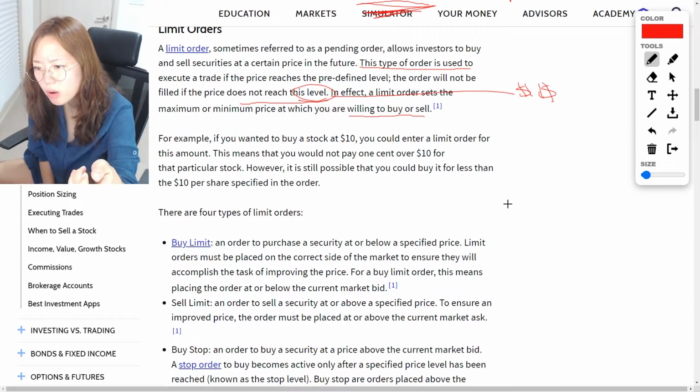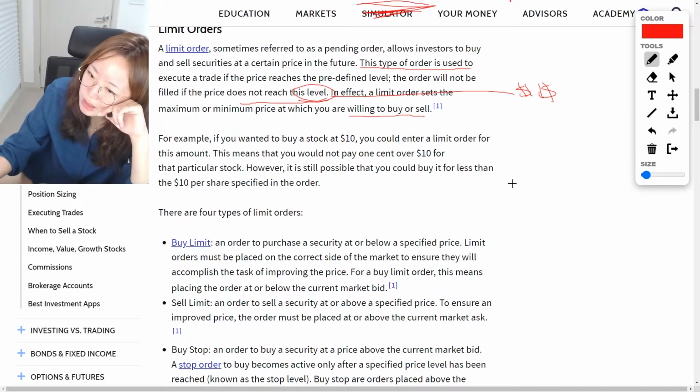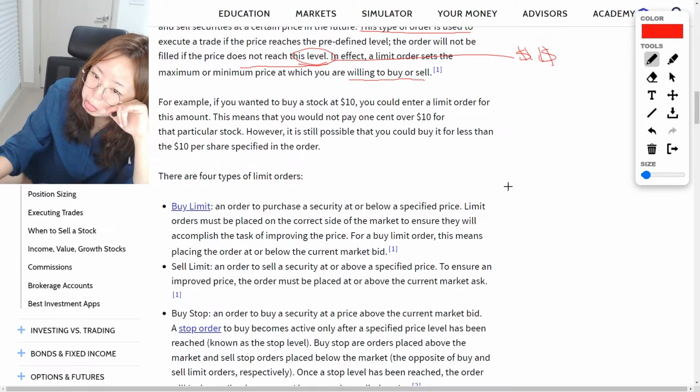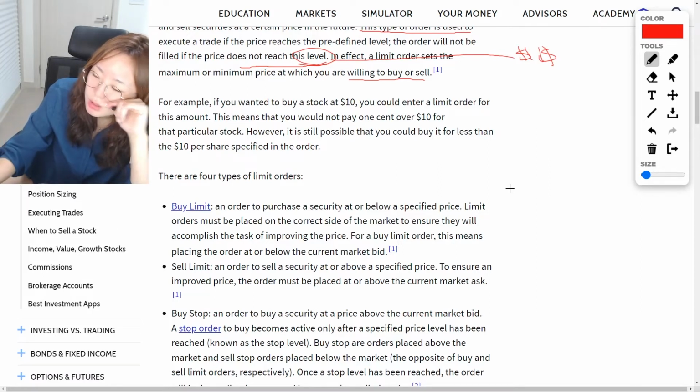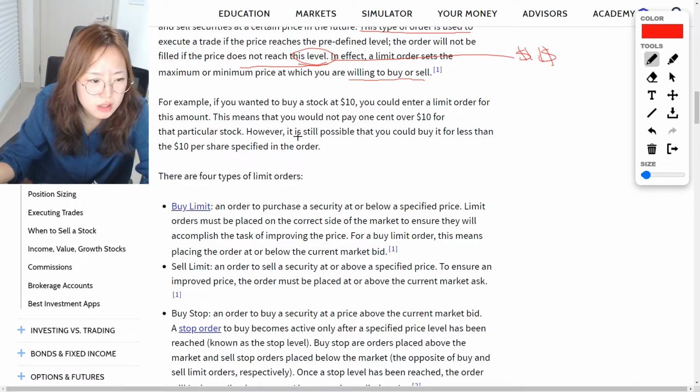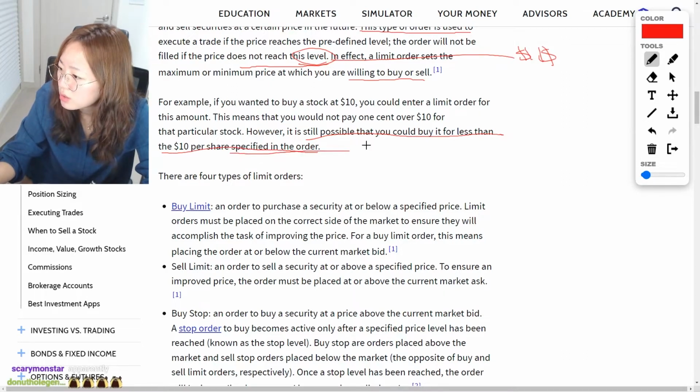specified. How? Oh, really? So if it's $9.98, it can still be purchased automatically, but it doesn't go over? 인가? 뭔 소리야 이게? However, it is still possible that you could buy it for less than $10 per share specified in this order. That's legit?